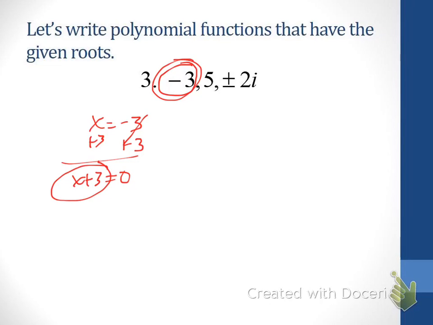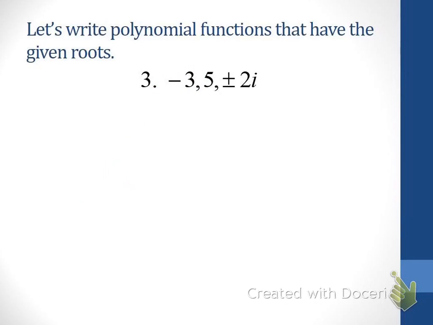It's kind of like taking a factor for a polynomial and trying to use that factor in synthetic division. Remember, we changed the sign of the constant in that binomial to put in that tiny box? It's the same thing here. We're going to switch signs to create our factors. All of that basically means that to create our polynomial, if one of our solutions was negative 3, that means our factor had to be x plus 3.